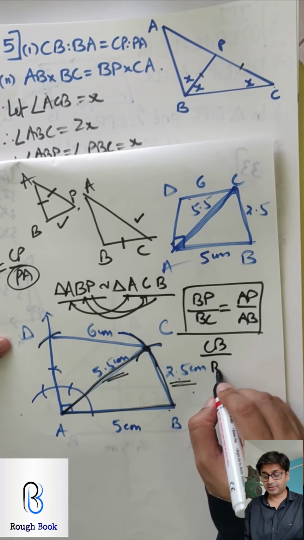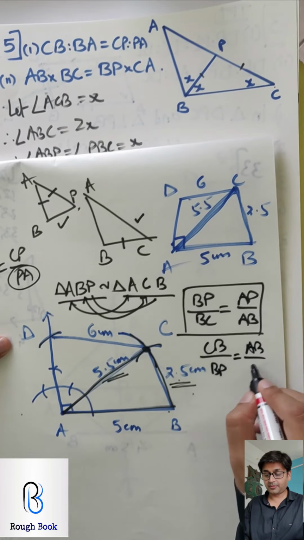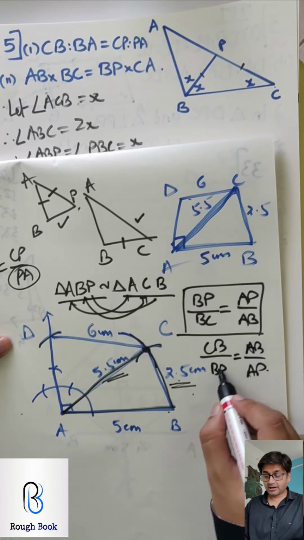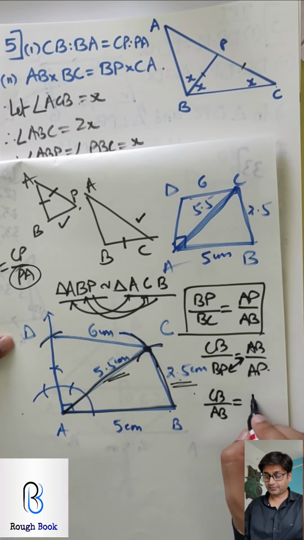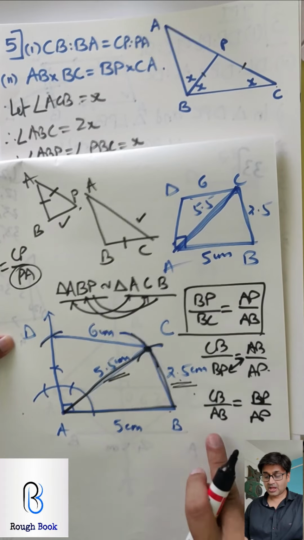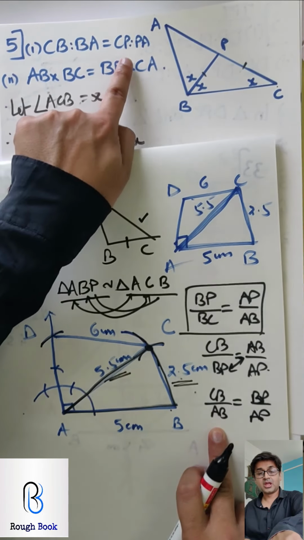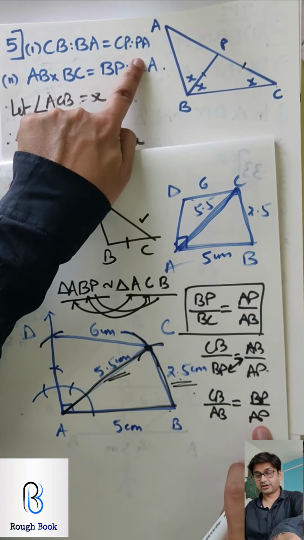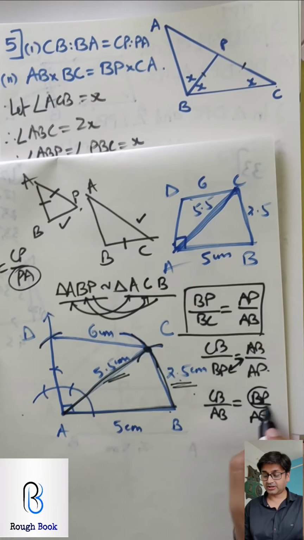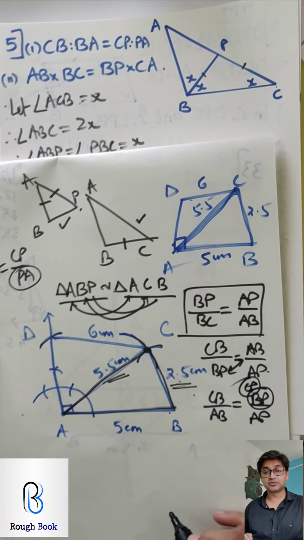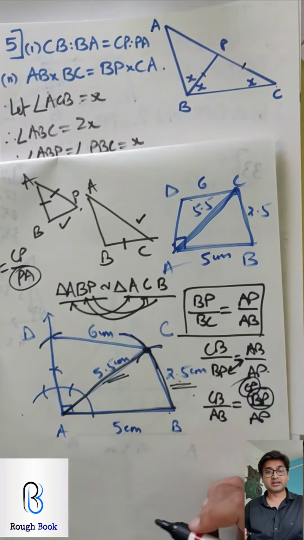So CB upon BP equals AB upon AP. Now we can do this alternando. So CB upon AB equals BP upon AP. So at least my LHS is sorted. For RHS, AP is sorted. BP, in that place I can write CP, because both are equal, and then you will get that.